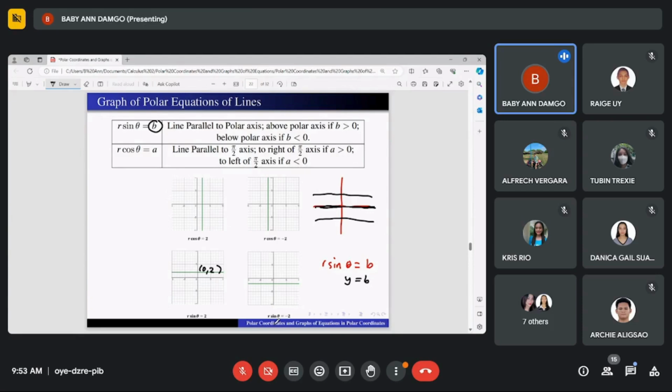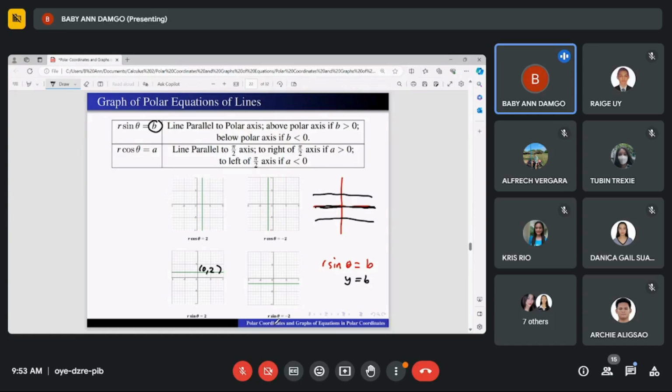Okay? So, if the formula is r cosine theta is equal to a, it is the reverse. Right, if sine is horizontal, r cosine is vertical. Okay? So, it is parallel to the pi over 2 axis. So, this is the pi over 2 axis. I did not delete it.